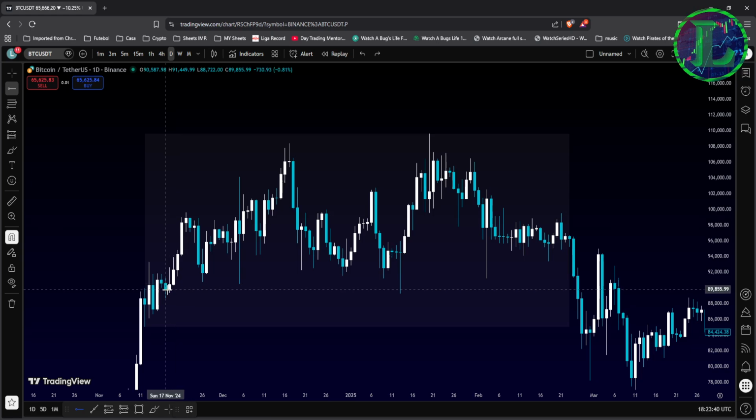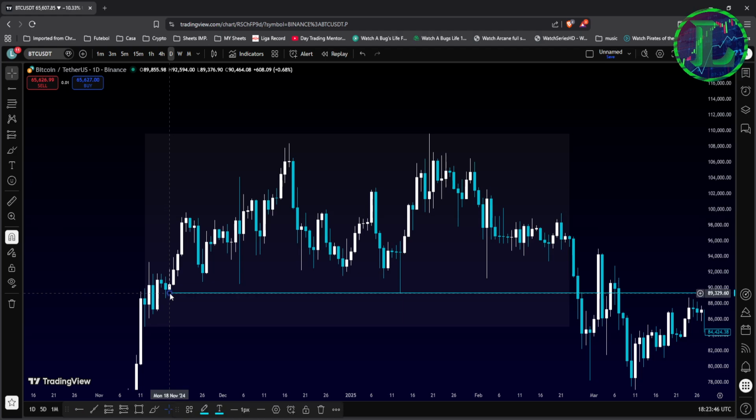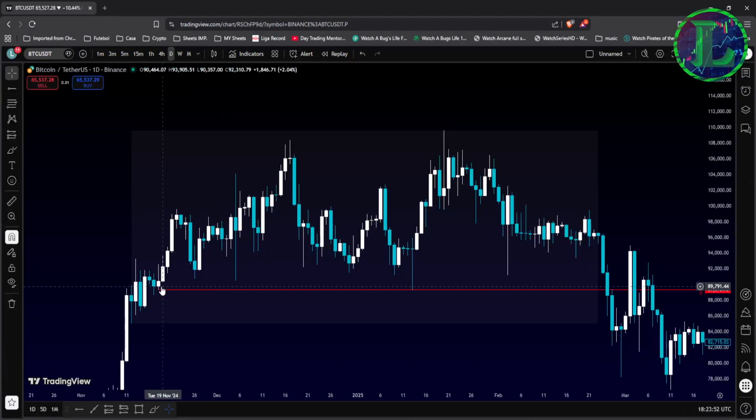You are going to mark the lowest point of the first white candle. Let me make this a daily, sorry, to make that red. Even if on the second candle you have a big wick, it doesn't matter. You are going to pick this level here.